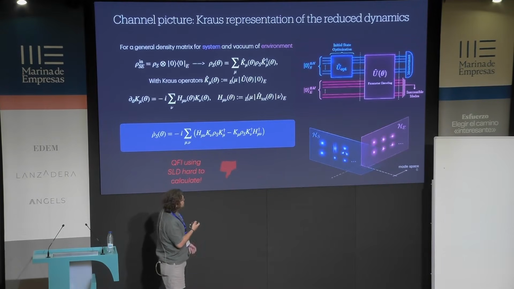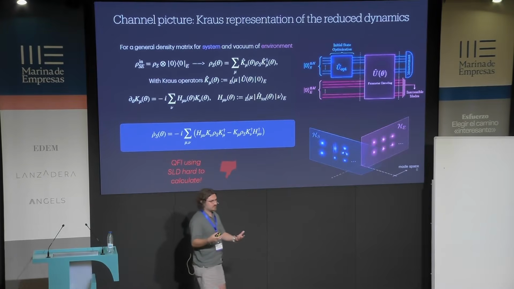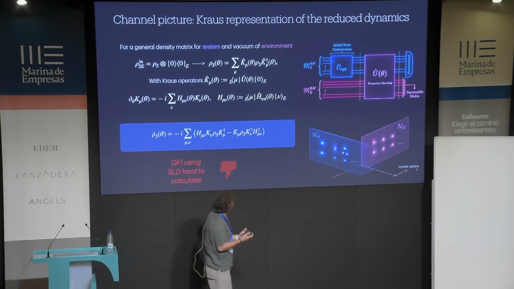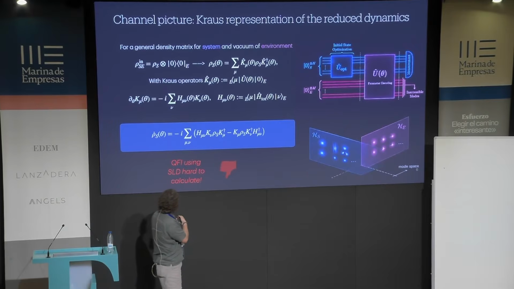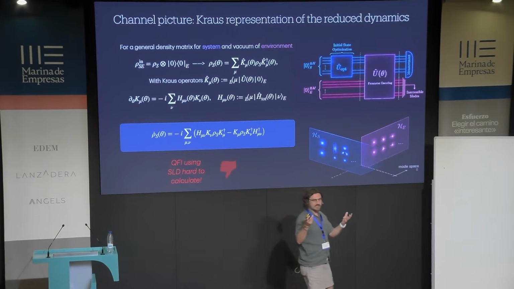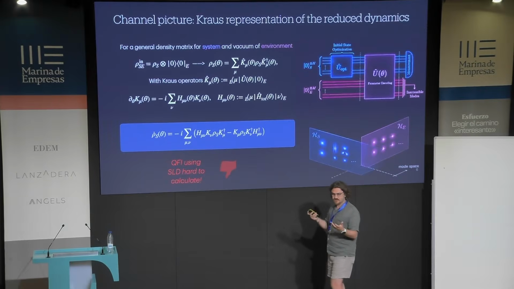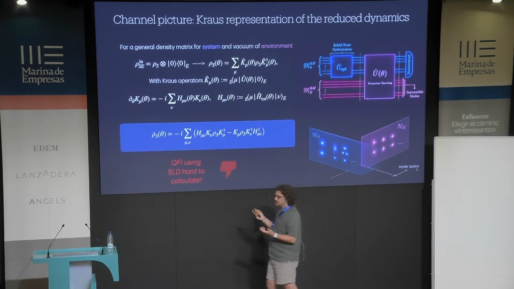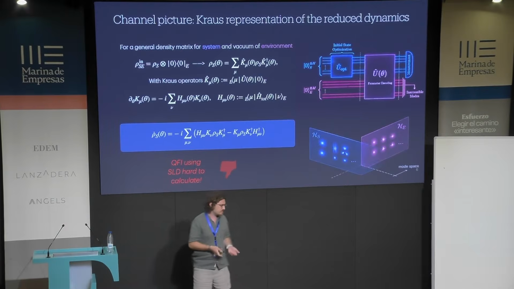Now for this process, again, to calculate the quantum Fisher information, you need to calculate the derivative of this quantum state. And then the derivative of this quantum state becomes like this. You may think that this is like a Lindblad type of equation, but right now the derivative is not with respect to time, but with respect to the parameter that I am interested in.